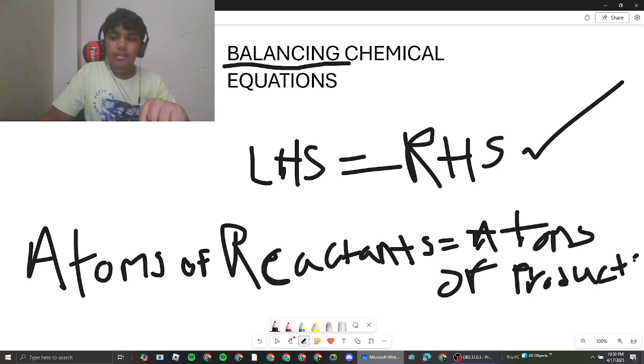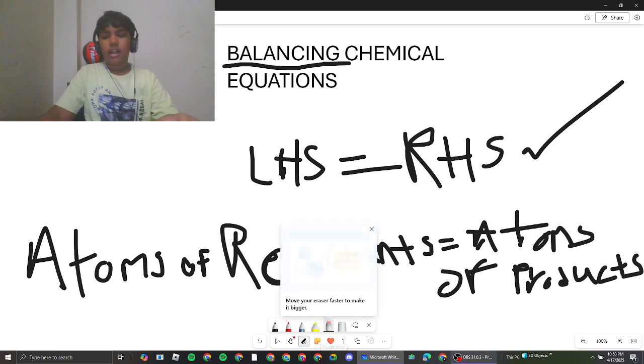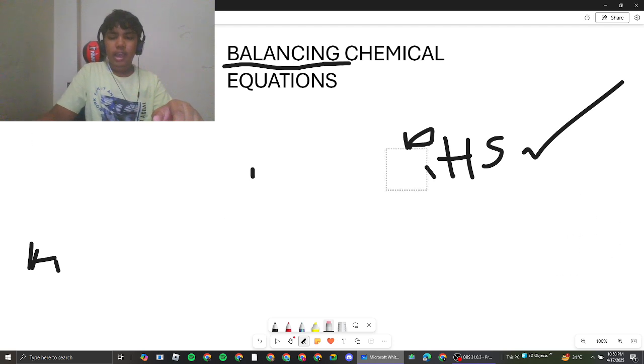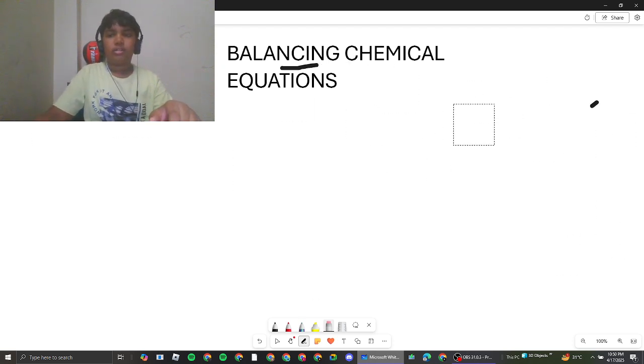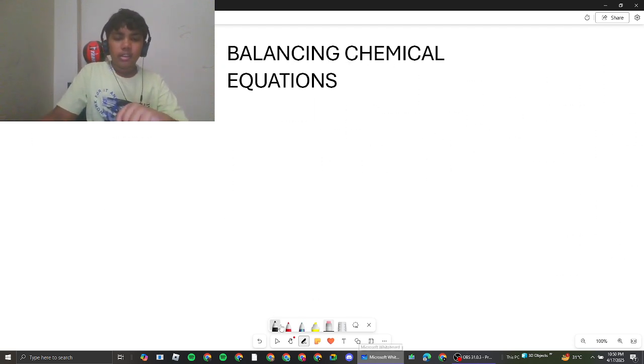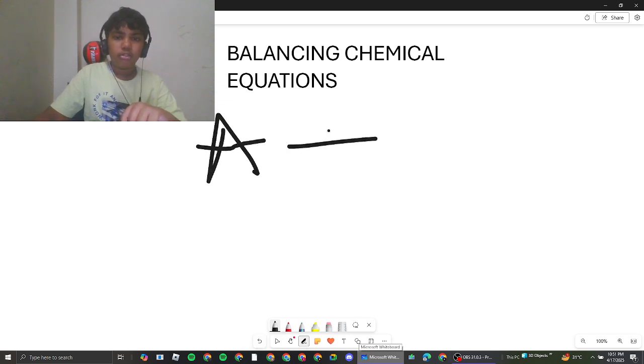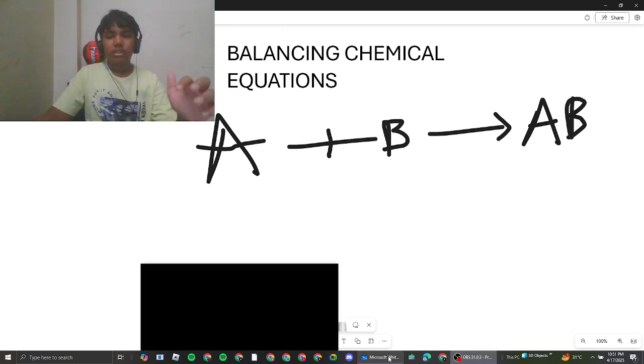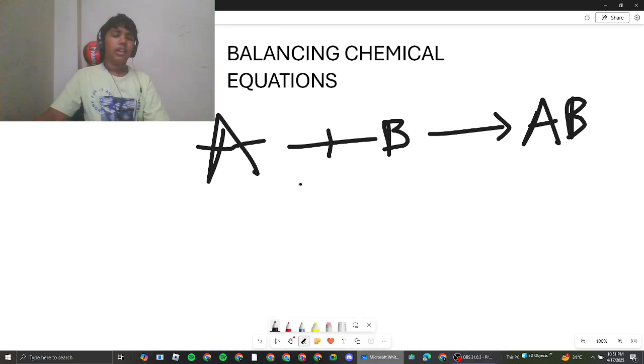I'll give you an example. Here, the atoms of reactants is equal to the atoms of products. For example, suppose you have something like this: A plus B gives AB. Remember, we don't use equal, we use an arrow, because that indicates product.